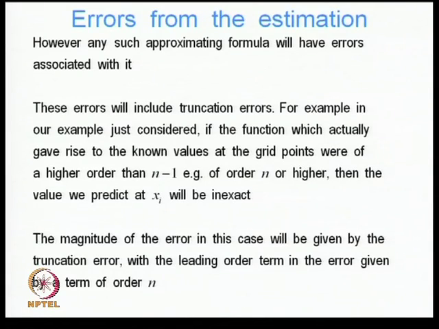Now, any such approximation formula will have errors associated with it. Why will it have errors? Suppose I have these function values at those points x0, x1 through xn minus 1, and suppose the function values are actually generated by a function which is of a higher order than the highest order polynomial I can fit, which was n minus 1.